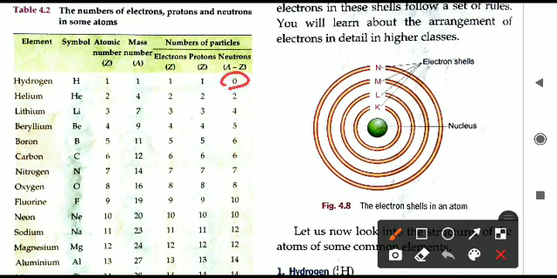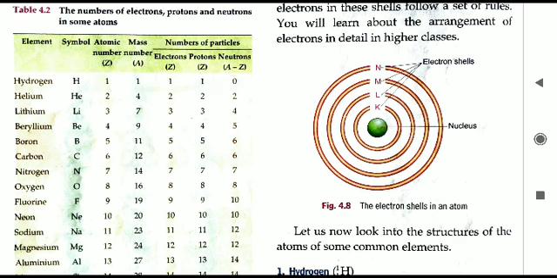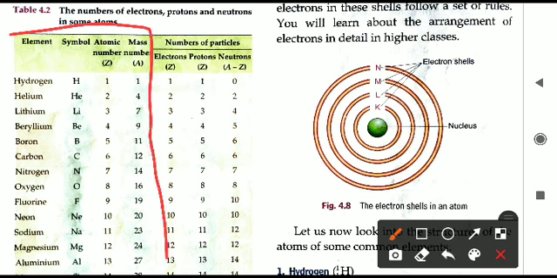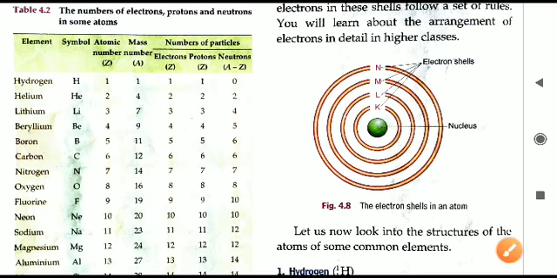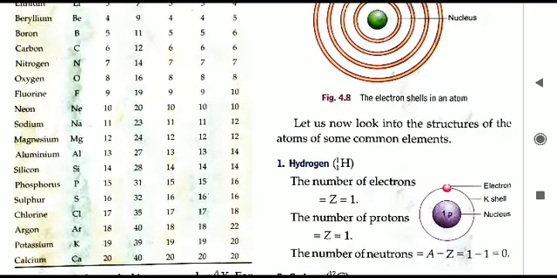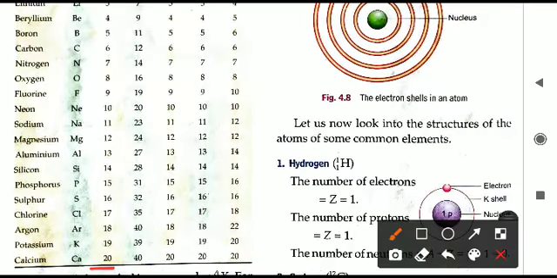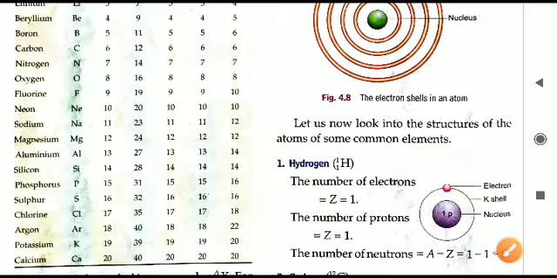And neutron you can calculate. You can easily calculate, right? If we do A minus Z, the neutron will come. So these three numbers you need not learn. This you can calculate. But the first three you have to learn. In this table, symbol, atomic number, mass number, all these you have to learn for the first 20 elements up to calcium, hydrogen to calcium you have to learn. Any of these can be asked in the exam.